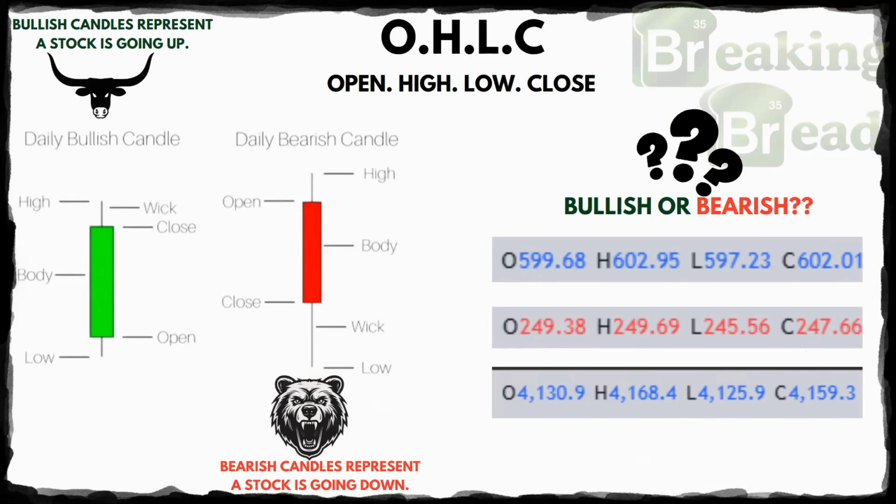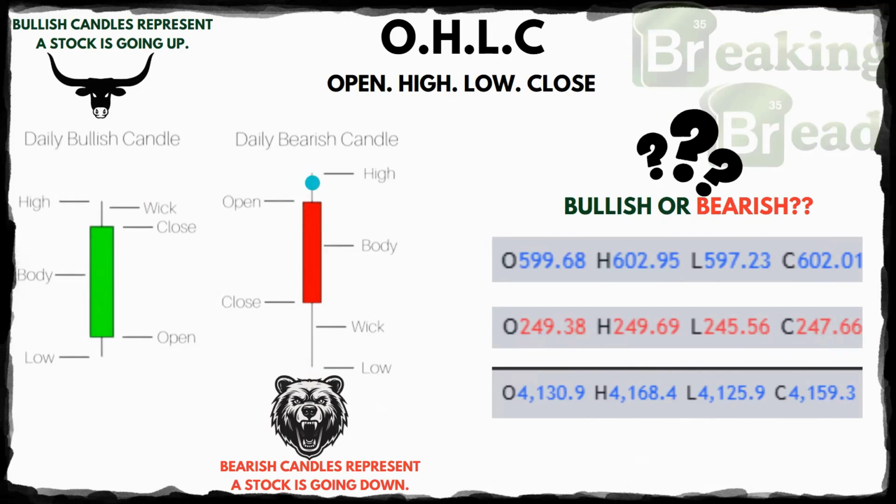All right, so if you said that this was a bearish downtrend put candle, you would be correct. Why? Because the opening price is 249.38 and the closing price is 247.66. So that lets us know that the closing price is lower in price than where we opened. So we opened at 249.38.